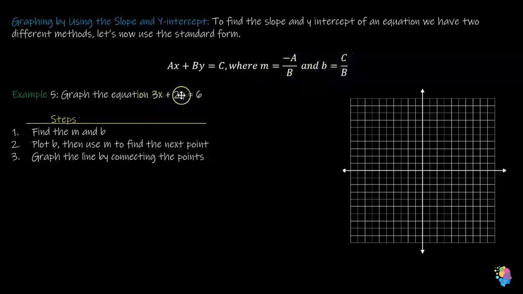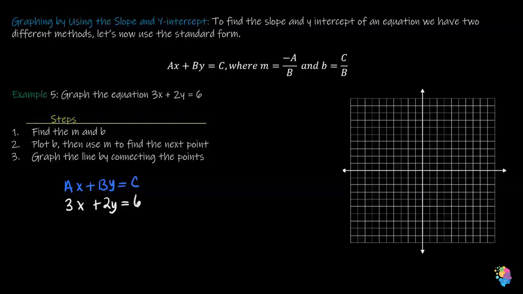So in our example 5, we use the same equation as before. We have 3x plus 2y equals 6. Let's see if it's in standard form. I'm going to bring down ax plus by is equal to c. We bring down our equation, 3x plus 2y is equal to 6.